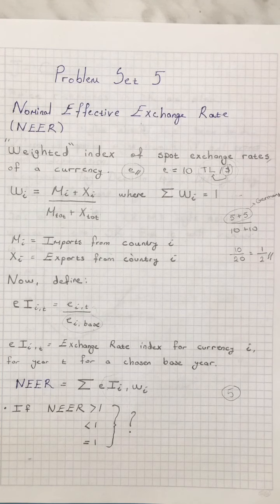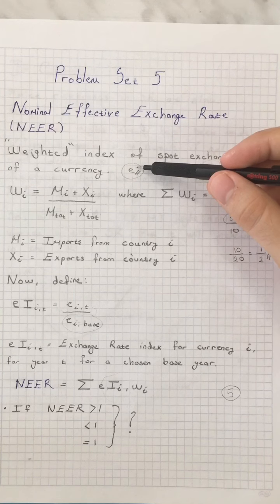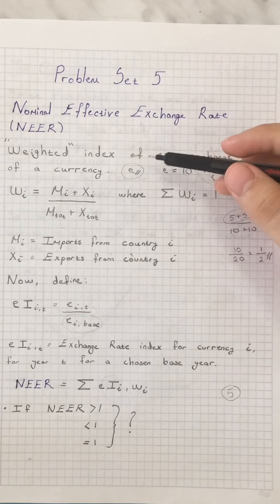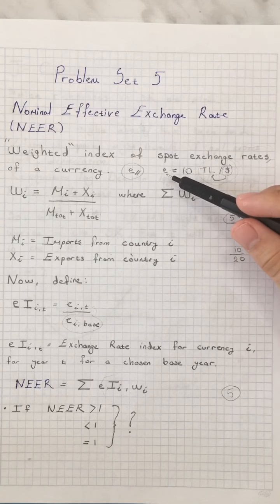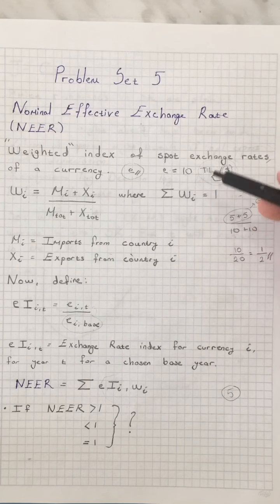In the lectures, you learned what a spot exchange rate is. We show it by E. Let's consider the Turkish lira and dollar spot exchange rate. If a dollar is worth 10 Turkish liras, that means that our E is 10. So what does it tell us?